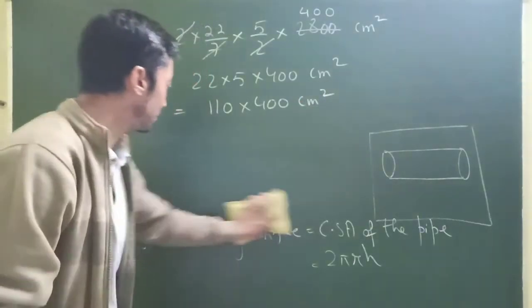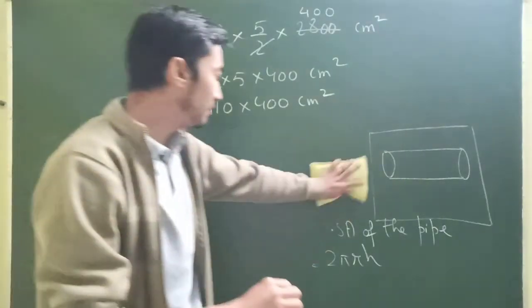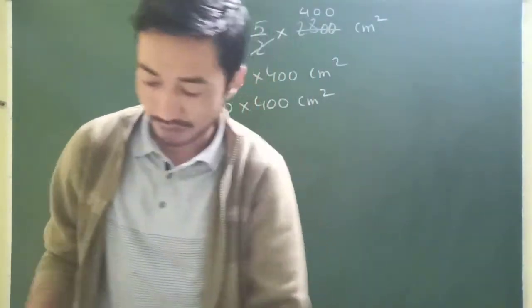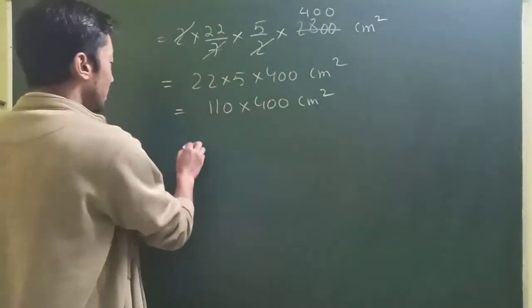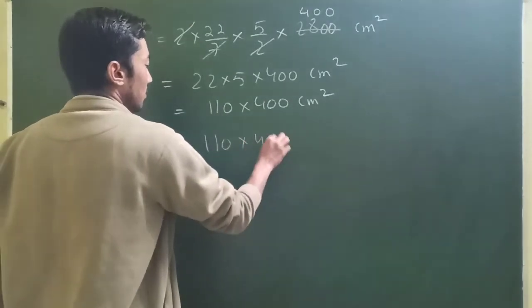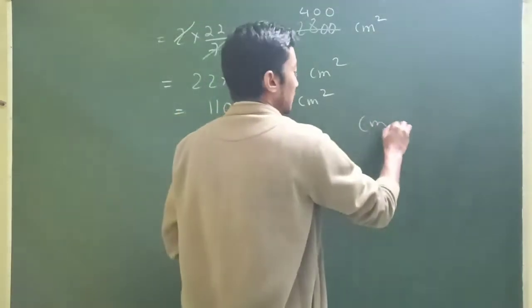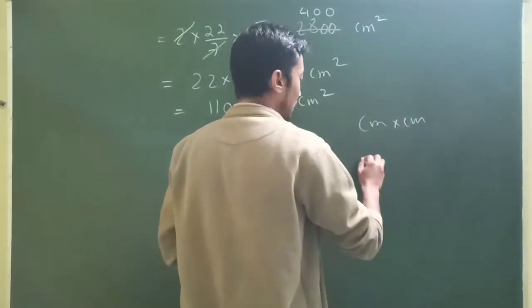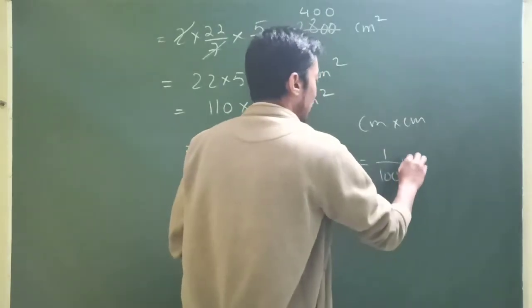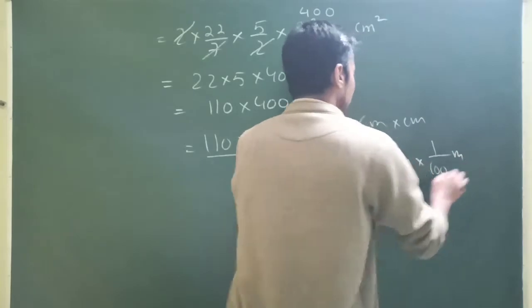Let's see if anything is given in the question. Of course we can leave it with respect to centimeter also, but let's find it with respect to meter. If I want to convert this centimeter square, that is centimeter into centimeter, to meter into meter, I have to multiply by 1 by 100 meter for this, and again 1 by 100 meter for this centimeter.